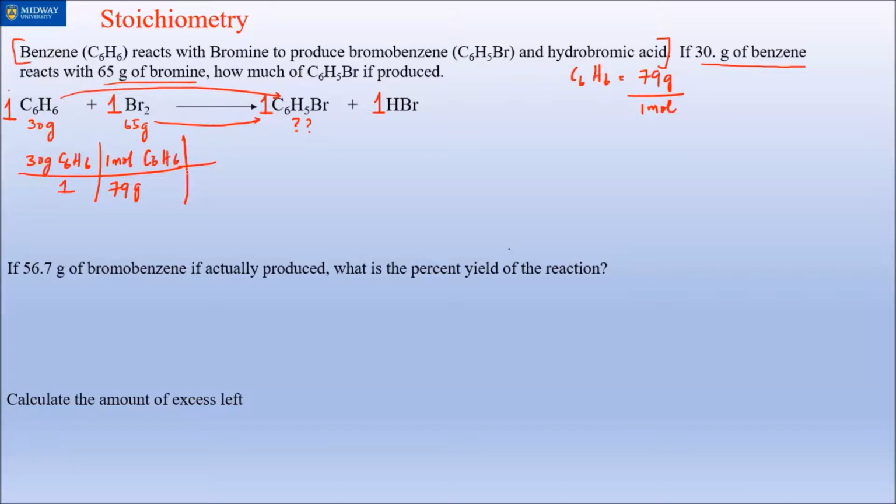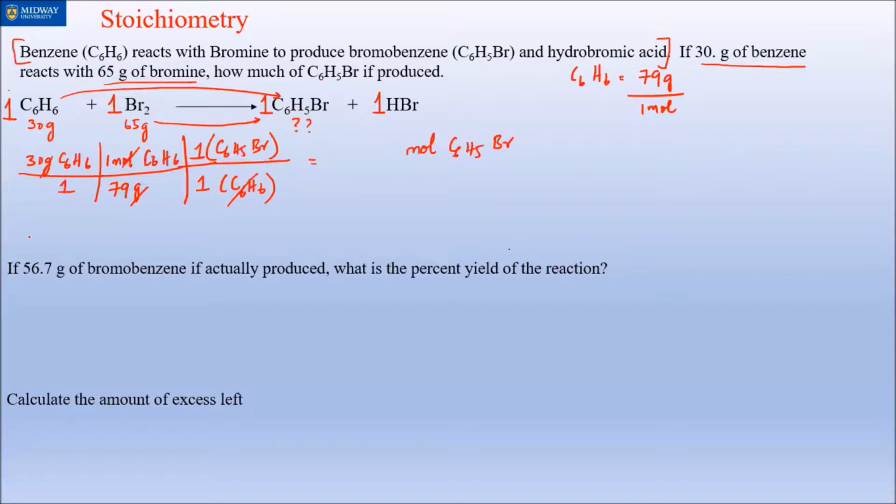Now we put the mole ratio for this compound, which is 1 C6H5Br on the top and 1 C6H6 on the bottom. Why? Because we are trying to cancel this out. Now we're able to cancel out the grams and then the moles of C6H6, which means we're left with moles of C6H5Br.